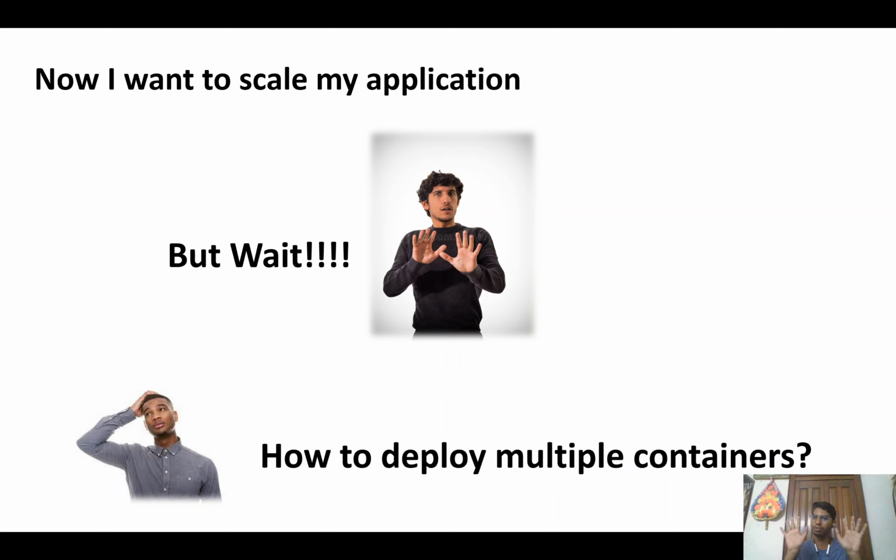So the management and establishing the connection is very important, and it is a very hectic, headache way. You cannot scale the Docker container on its own, and to manage multiple Docker containers you need a container orchestration tool.